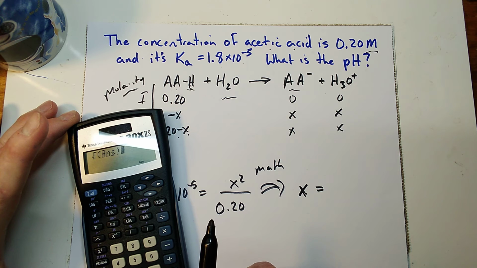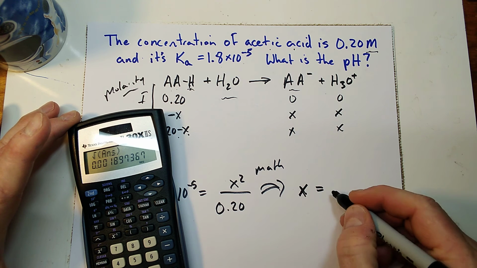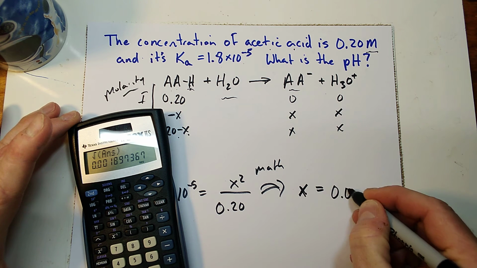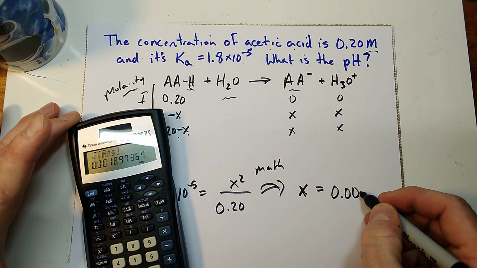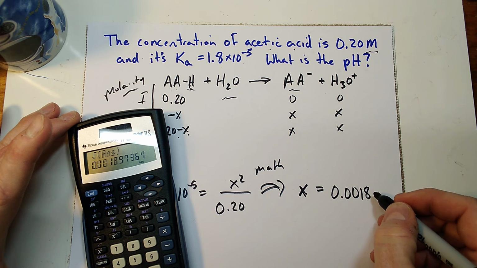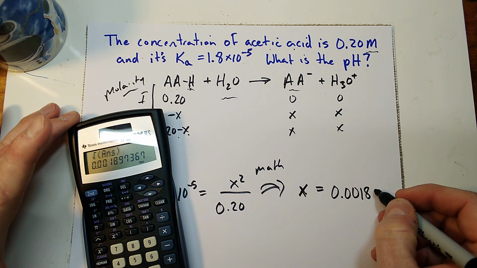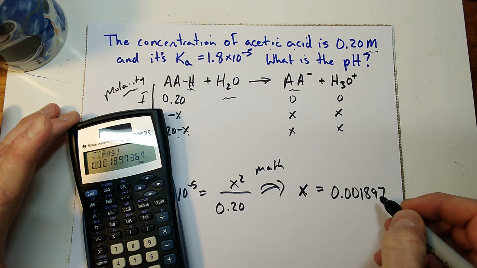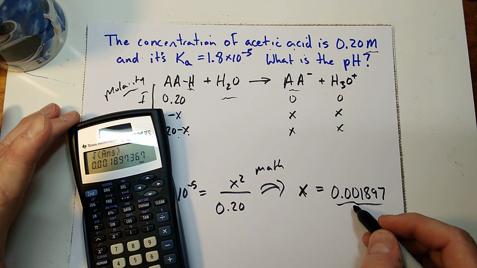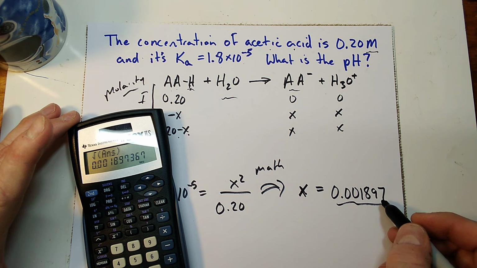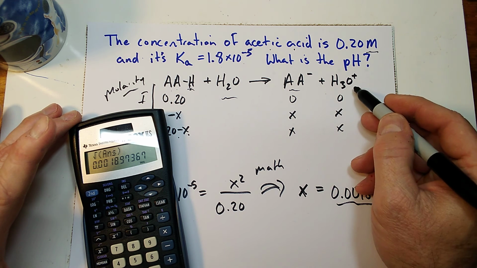I hope you are too. You want to become pretty comfortable with the calculator that you use in homework, and then bring that same calculator, of course, to the game, to the test. So I'm going to leave it as 0.001897, and that's the concentration of the hydronium ion.